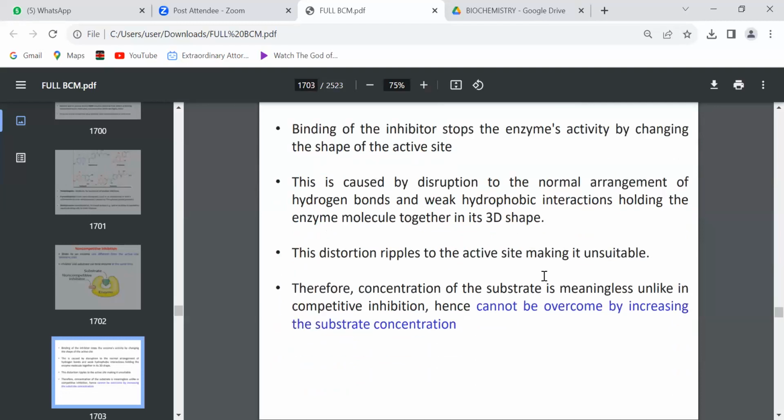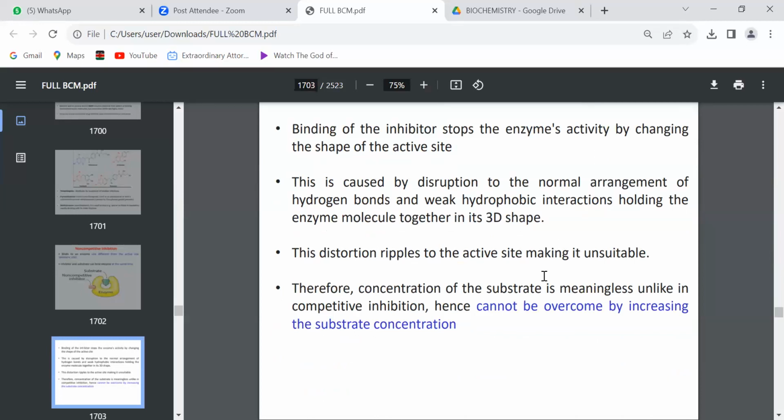Therefore the concentration of the substrate is meaningless, unlike in competitive inhibition, and the inhibition cannot be overcome by increasing the substrate concentration. Since they are not competing for the same active site, even if you increased the concentration of the substrate, the conformation of the active site has already changed.